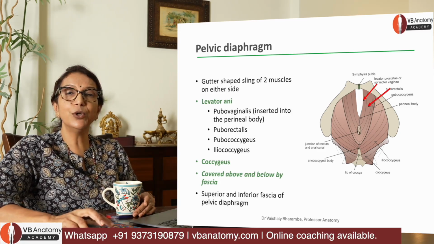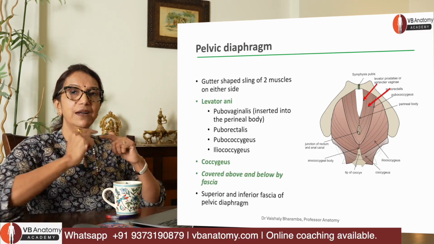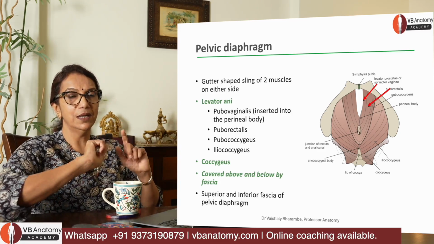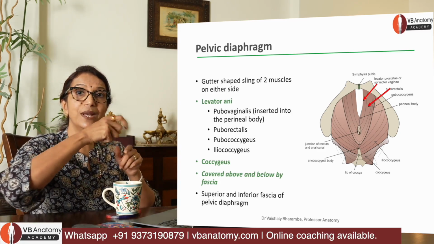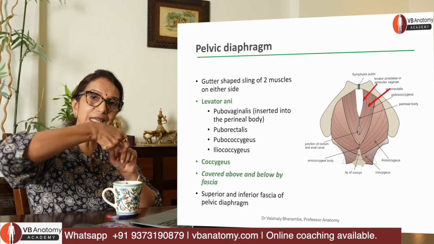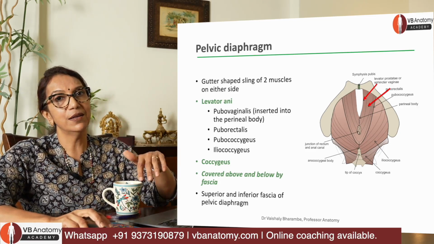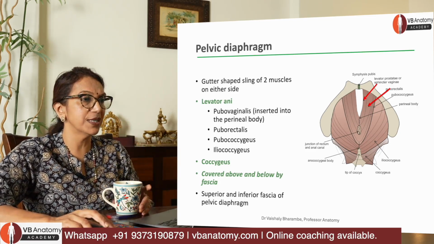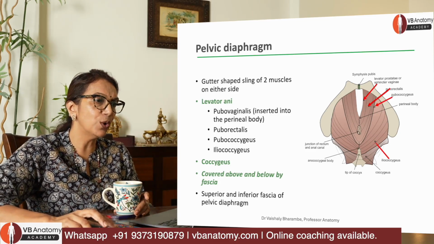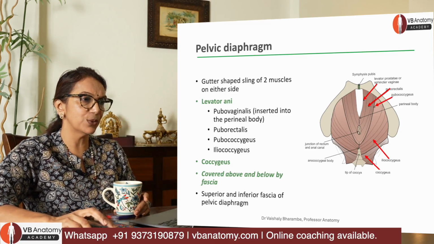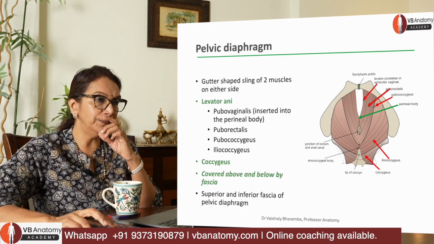Here you are seeing puborectalis, which is passing around the rectum at the anorectal junction, helping to maintain that angle, again supporting the uterus posteriorly. This is pubococcygeus, iliococcygeus and so on.